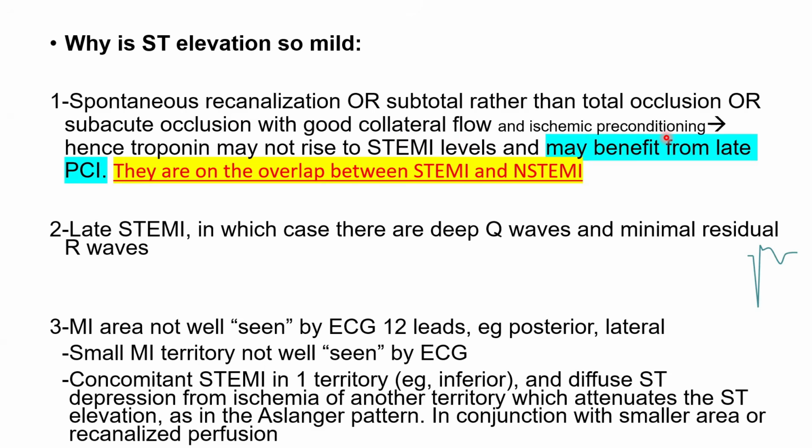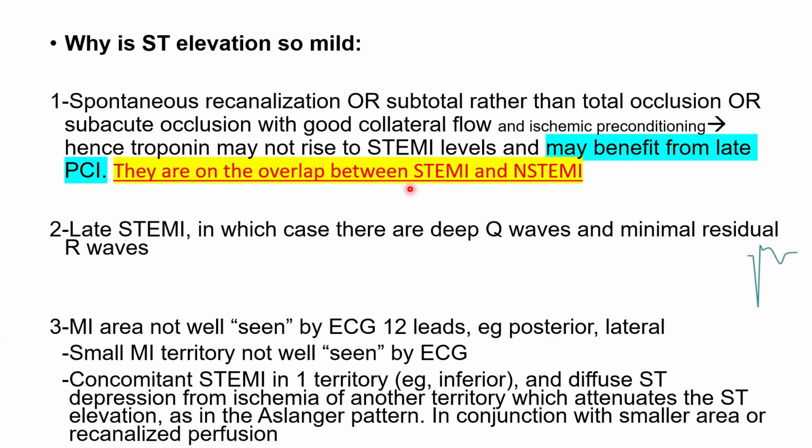This explains why the ST elevation is more subtle and why the troponin may not rise to STEMI level, albeit it rises more than non-STEMI levels, but not quite to STEMI levels, and it may benefit from late PCI. So those subtle STEMIs, even if you ended up cathing them late, they would still benefit from late PCI, hypothetically more than STEMI.